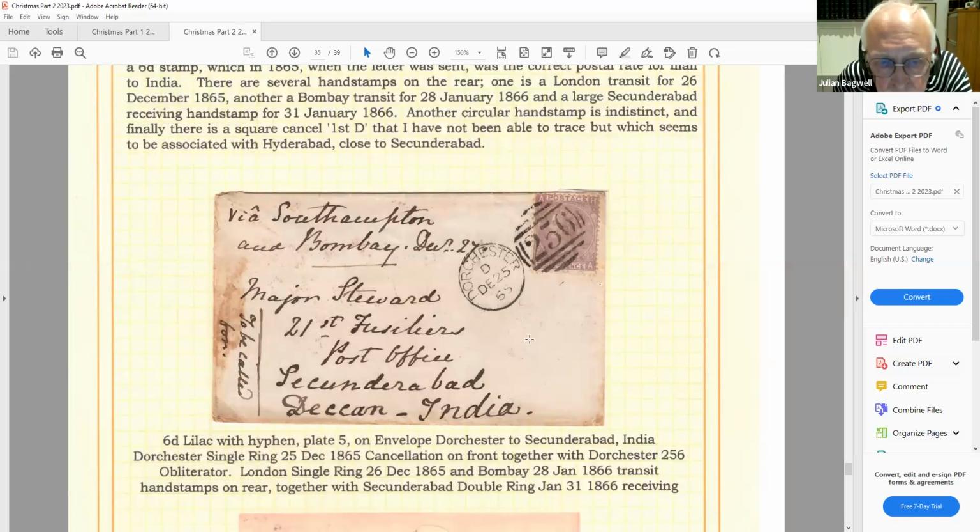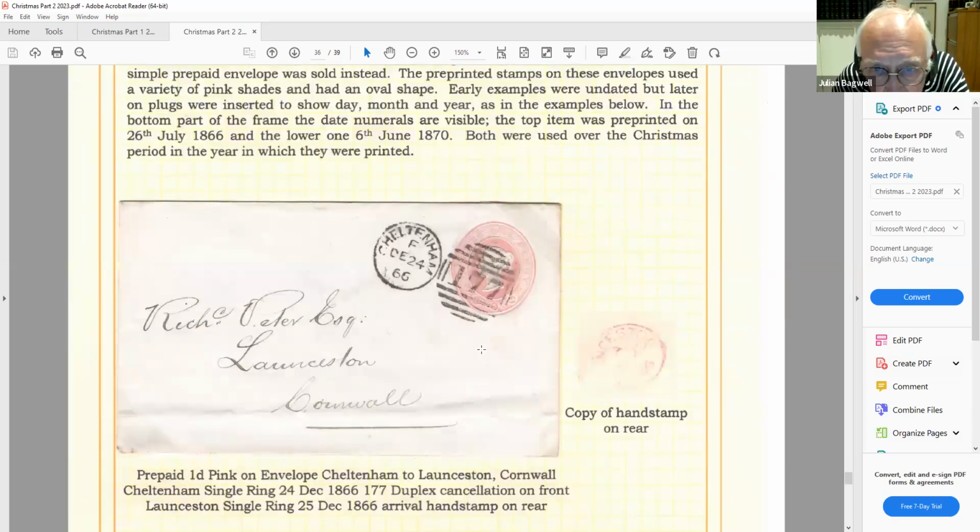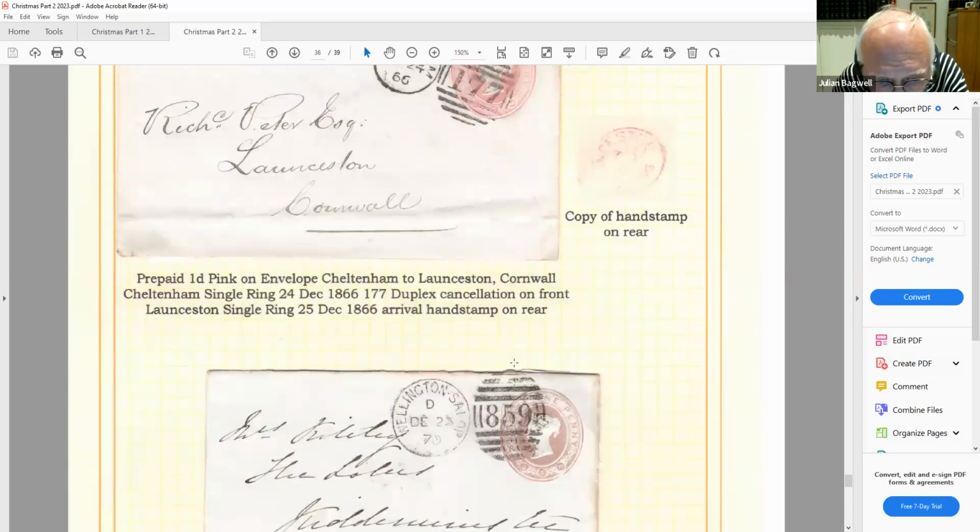I mentioned earlier about Mulreadies and the fact that they didn't last very long. And here are two examples of what replaced them. The penny pink prepaid envelope. This one with a Cheltenham stamp for December the 24th, 1864, and a rather faint Launceston in Cornwall, December the 25th receiving hand stamp.